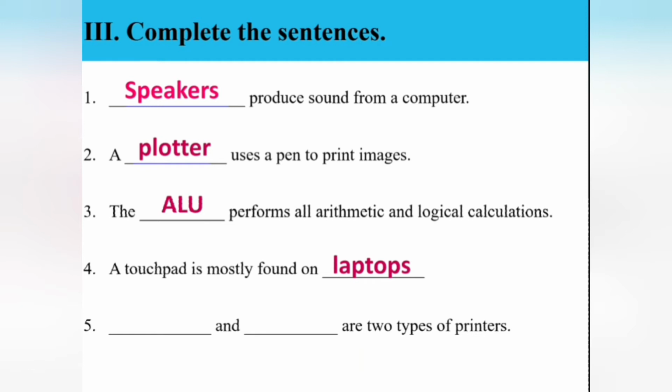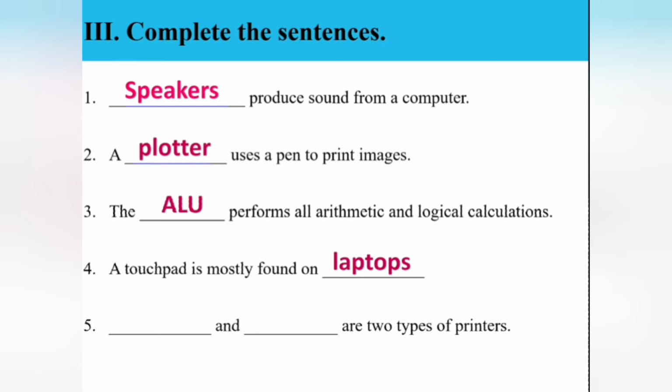The fifth one, dash and dash are two types of printers. Generally, printers are classified into three types: dot matrix printer, inkjet printer and laser printer.